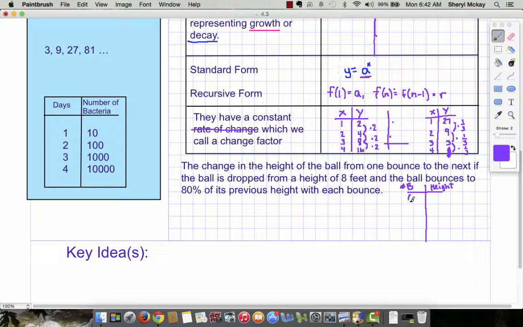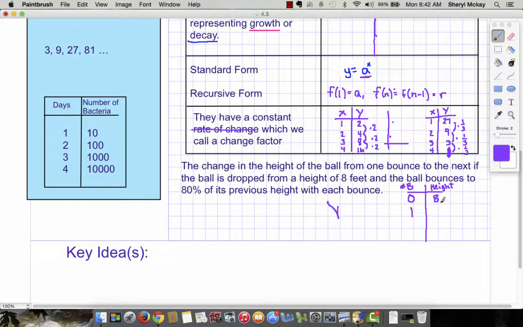So at 0 bounces, before we bounce it, okay, how high is the ball? It's 8 feet. All right? After the first bounce, it goes down. So here's the ball. It goes down, it bounces up, but it doesn't go all the way. It only goes 80%. 80% of the 8 feet.